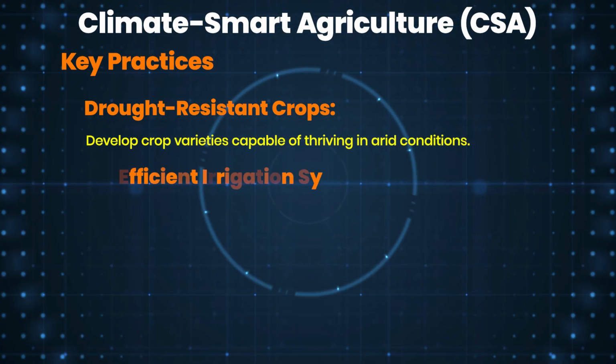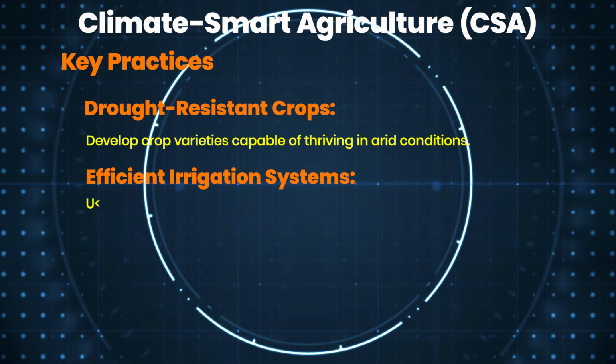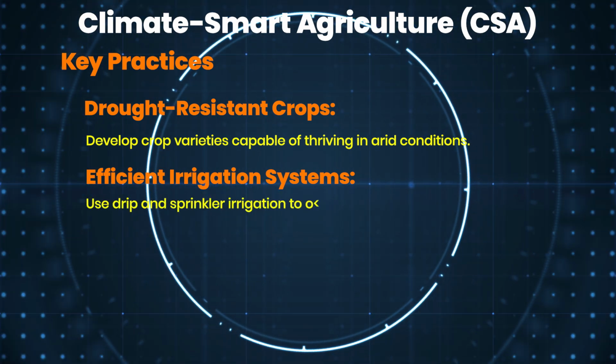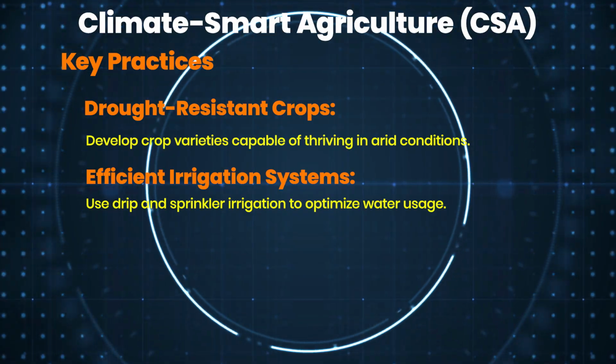Number two is efficient irrigation systems, using drip and sprinkler irrigation to optimize water usage. Examples are Sub-Saharan Africa's Climate Smart Alliance that promotes drought tolerant maize and sustainable farming methods. Another example is Pradhan Mantri Krishi Sinchai Yojana, which supports micro irrigation systems and resilient crop technologies in India.